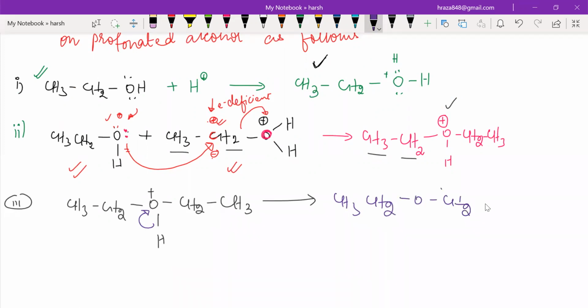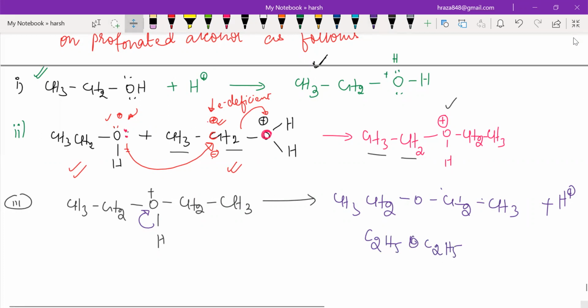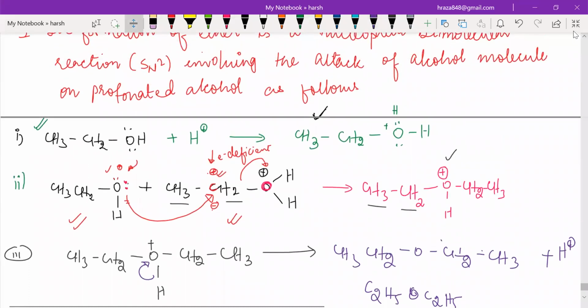And this H plus proton will be eliminated. So we can write C2H5O and C2H5. I'm going to slide it up.